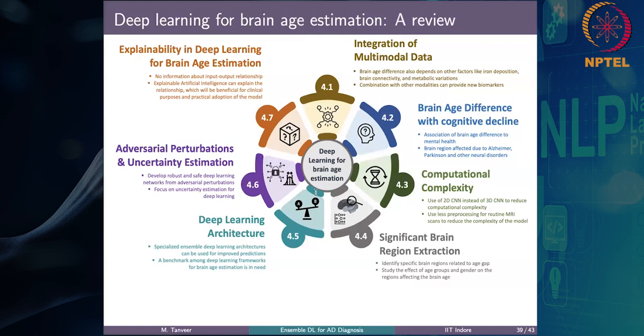And my group has also written another similar work, Machine Learning for Alzheimer's Disease: A Review. So please go through these review papers if you are interested to work on either machine learning or deep learning for Alzheimer's disease.